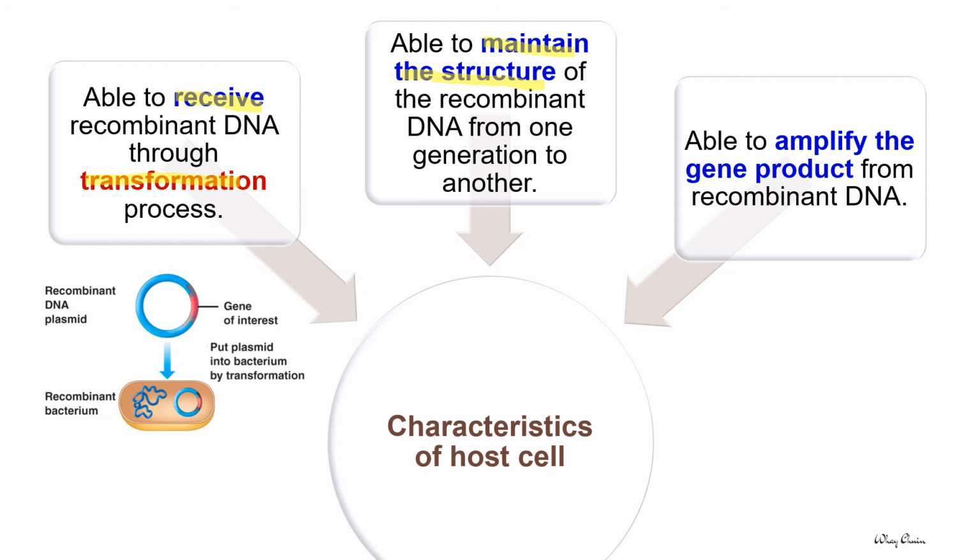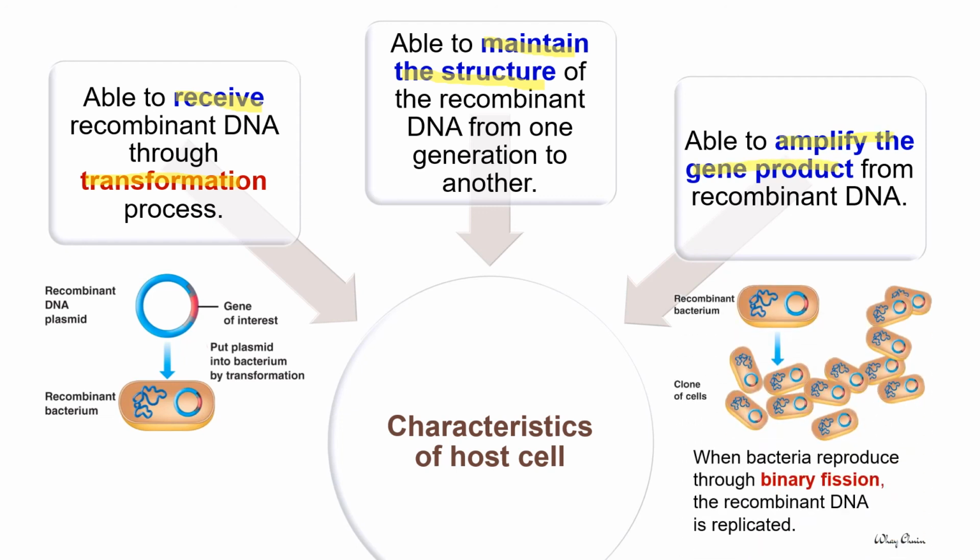This is because a host cell must be able to amplify the gene product. This means they must be able to make many copies of the foreign genes through the binary fission process. So from one generation to another generation, the structure of the recombinant DNA should be maintained to enable the DNA replication, the transcription, and the translation process as well.